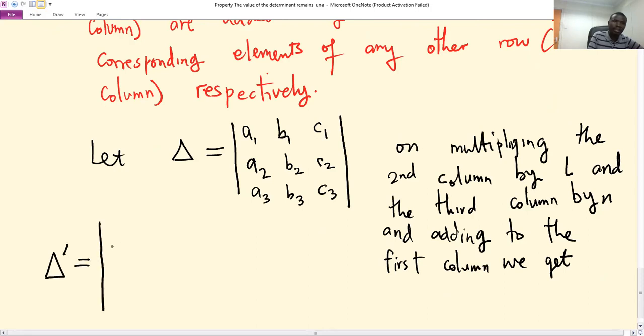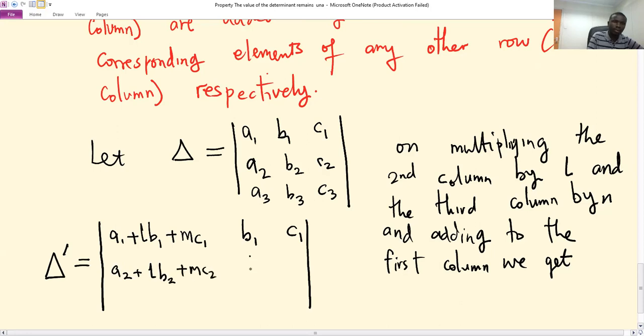It will be the determinant A1 plus L B1 plus M C1, then B1, C1, and then we have A2 plus L B2 plus M C2, B2, and then C2, A3 plus L B3 plus M C3. This is B3, C3.